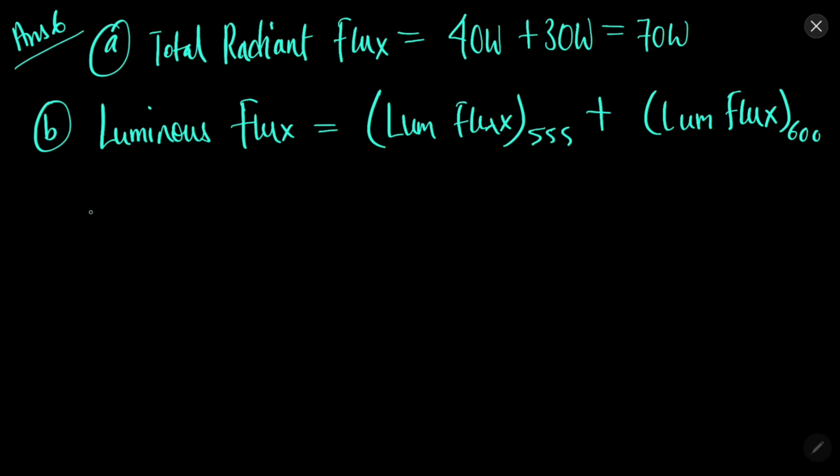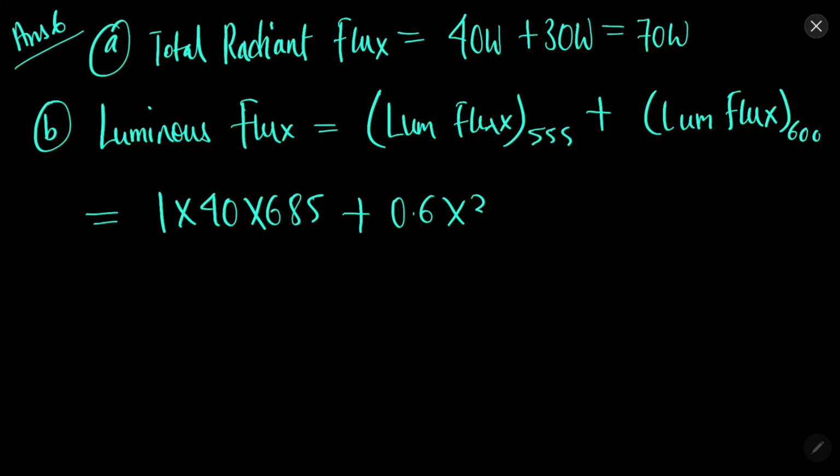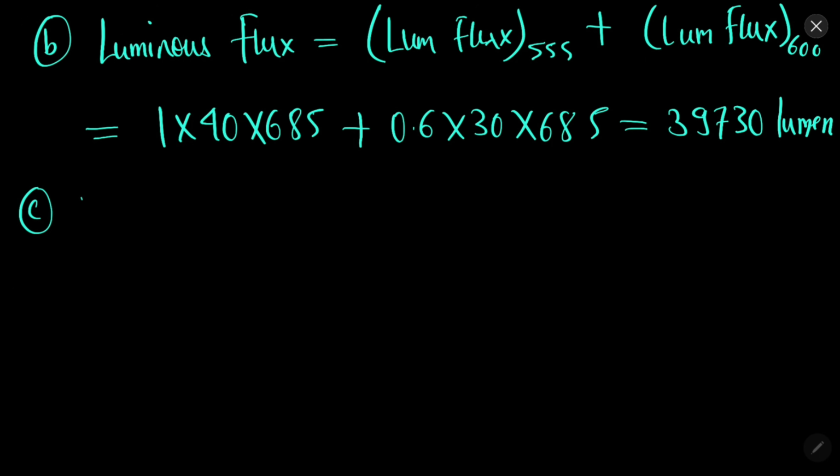So add them both, it will be 1 into 40 into 685 plus 0.6 into 30 into 685, which will give us 39730 lumen. Now the C part is luminous efficiency.